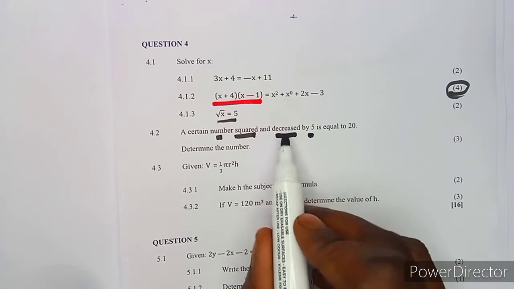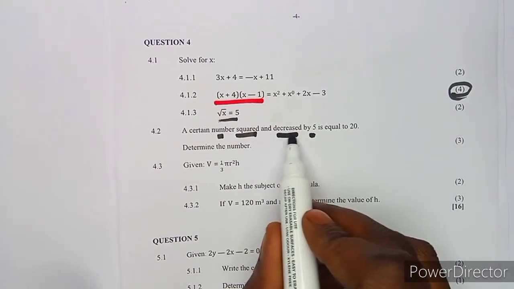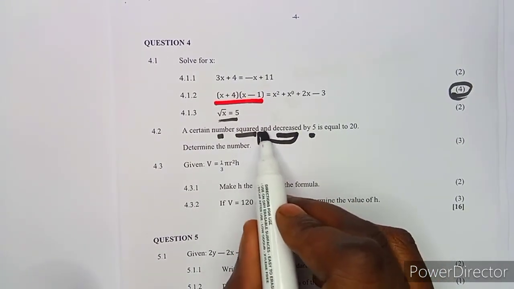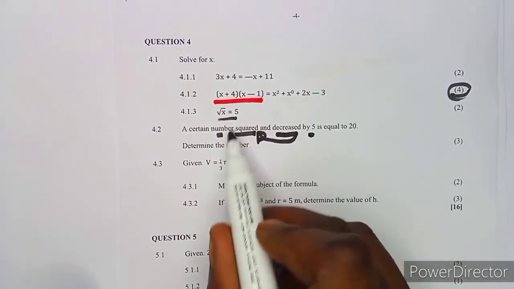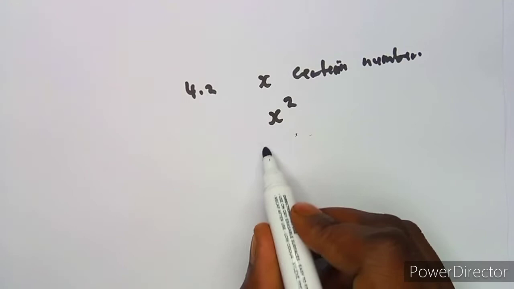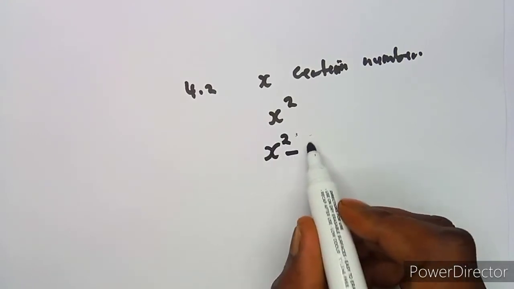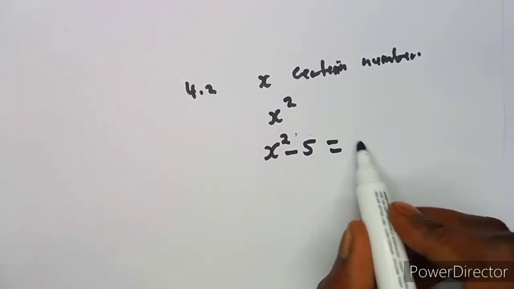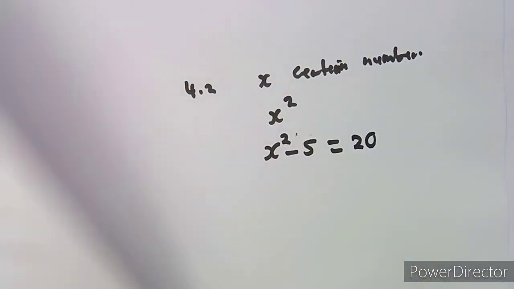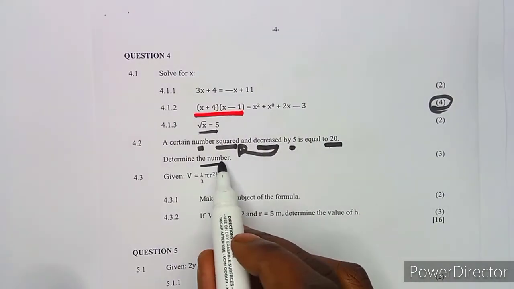Take note, we are not decreasing the number before squaring, but 5 was decreased from the square. So it's going to be x squared minus 5. To decrease is to subtract. You must obtain 20, so it is equal to 20. So you have formed an equation. The question is to determine the number now.